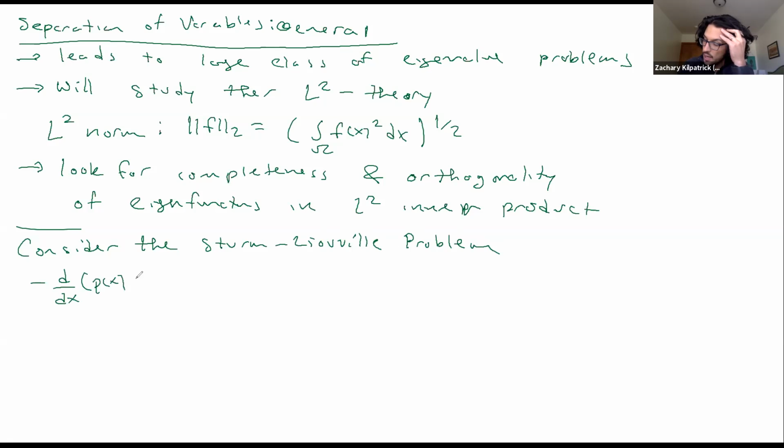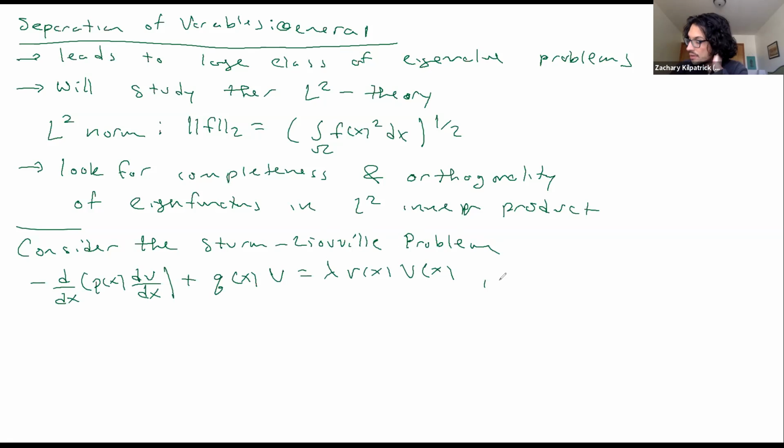And so if the eigenfunction is V, then a typical Sturm-Liouville problem looks like this, where lambda is the eigenvalue, x is going to live on the open interval A to B, p of x is going to be a positive function on A to B, okay?